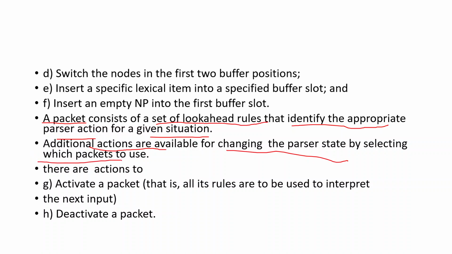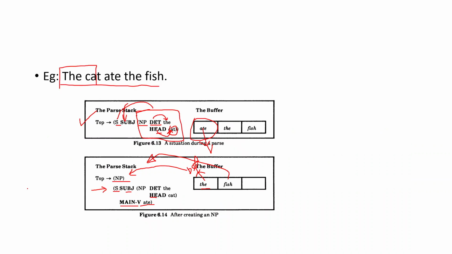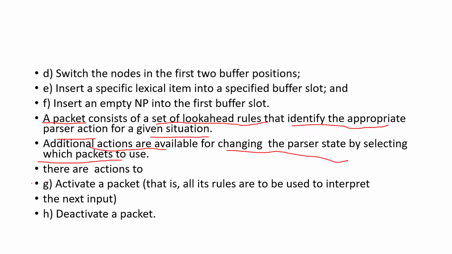So we have a set of look ahead symbols which identify the appropriate action for a given situation and also for changing the state of the parser. Okay, and the actions can be either to attach constituents like we saw earlier, or to activate a packet and deactivate a packet. So a packet, we said, is a set of rules. Let us look at an example.